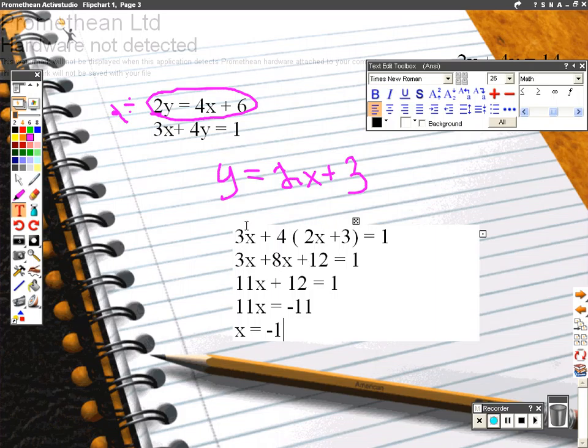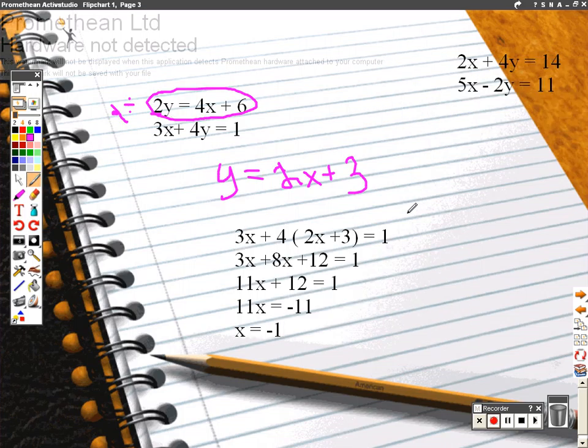Now that I know that, I'm going to replace it. To be careful, I should always replace into one of my original equations. So I'm going to do 2y equals 4 times negative 1, because that's what x is worth, plus 6. So 2y is equal to negative 4 plus 6.